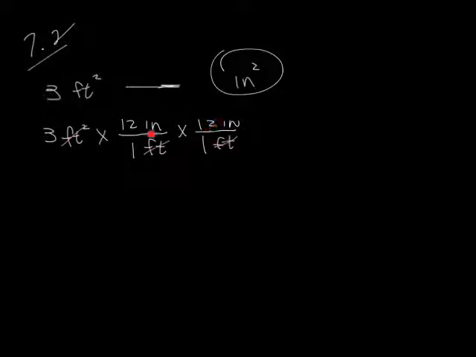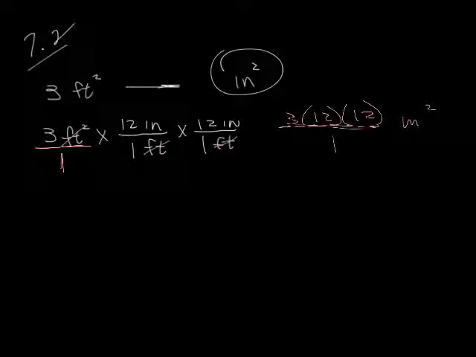It's a simple procedure, but sometimes it's hard to remember what to do here. So what do I have left? What I did not cancel, there are 2 inches that I did not cancel. 2-inch units of measurement. And that's what I wanted here. Inches squared. I have 2 of them here. So all I have to do is, well, let's put this over 1 just so that we know that our 3 is in the numerator. 3 times 12 times 12 all over 1s. And I have inches that were written twice, so I'm going to put that.